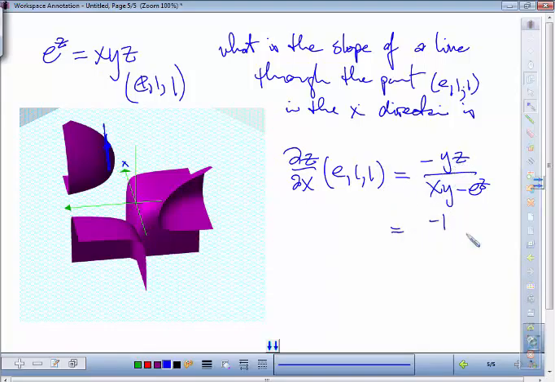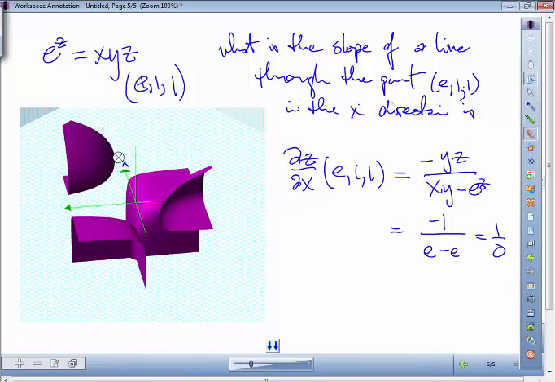1, negative 1 on top. This is e minus e. Uh-oh. That's not good. Wow, what can you say at this point? The slope is undefined, so it must be going straight up and down.